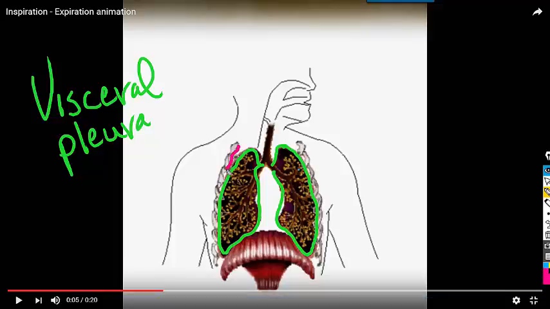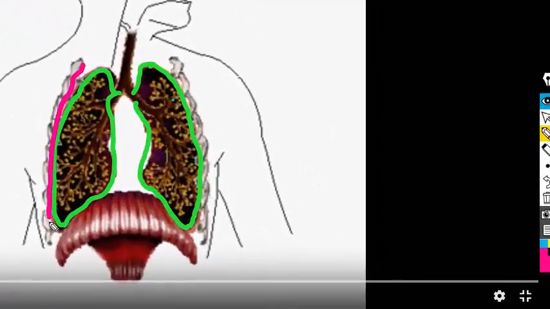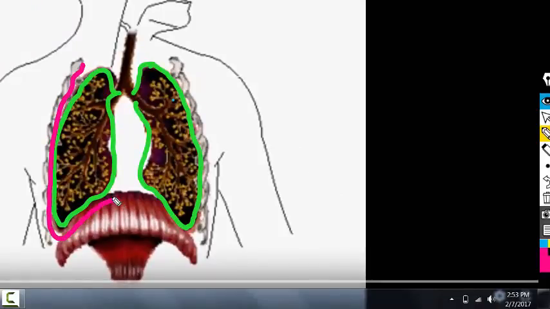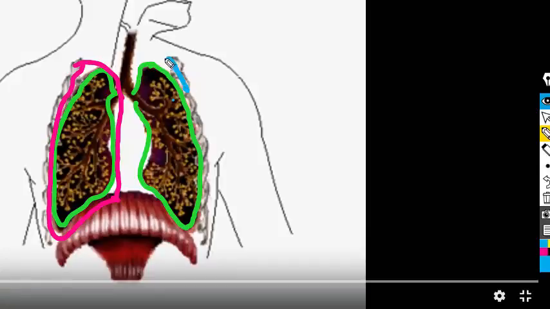Then there is a lining that lines the rib cage and is directly connected to the diaphragm. Again, each lung is separated. That's a good thing.